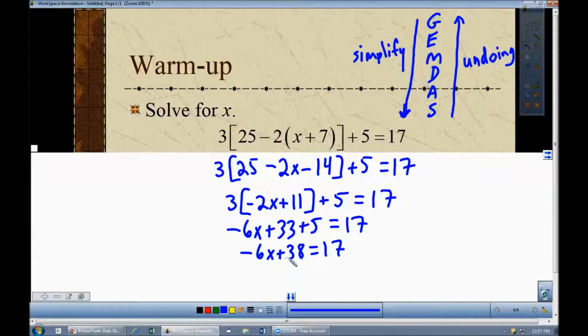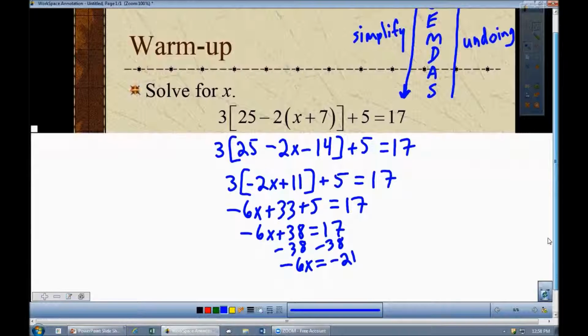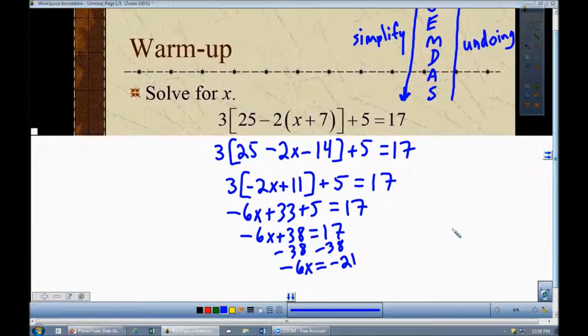So I see this plus 38 as addition. I want to undo addition first. So we'll subtract 38 from both sides. We get -6x equals 17 minus 38. That is -21. And finally, the next thing I'm going to undo is multiplication.